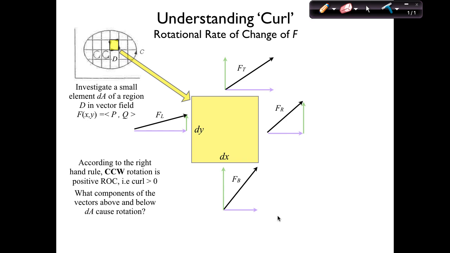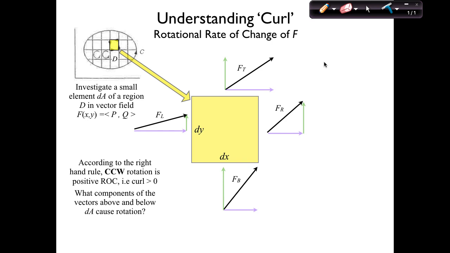What about the vertical components of those vectors? Do those contribute to spinning? No, I'm talking only about the top and bottom vectors. So we're just focusing here on the top vector and the bottom vector and asking which components of those will cause this thing to spin.